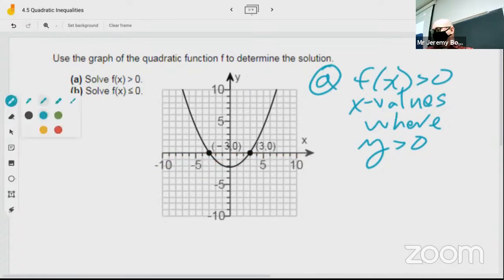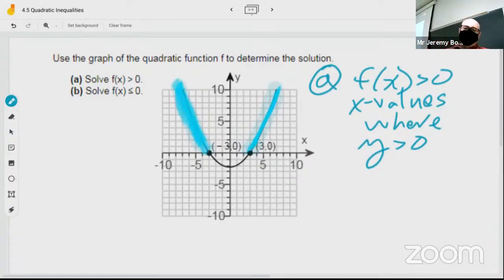So if we look at our graph here, it's above the x-axis here, above the x-axis here. I don't really show it very well. Let's just do a paintbrush. Here, here. Right? And so what are the x values?